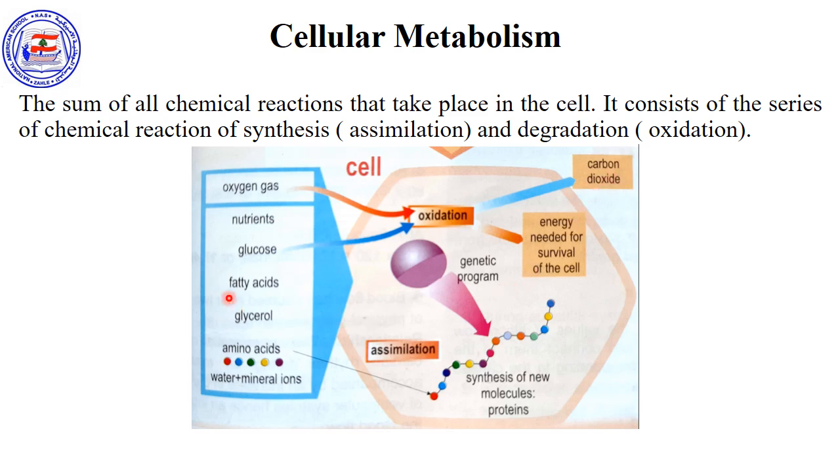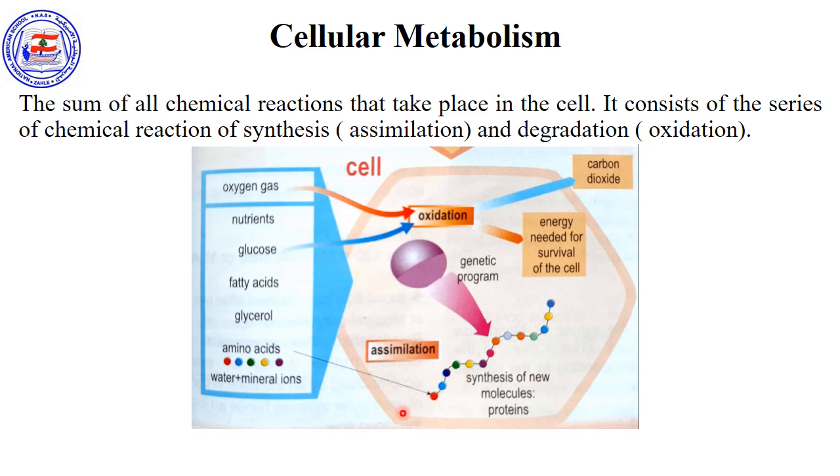Other nutrients such as fatty acids, glycerol, and amino acids can also be absorbed by the cell. However, due to specific information found in the nucleus, these amino acids, for example, will be transformed back into protein, or fatty acids and glycerol will be transformed into lipids.